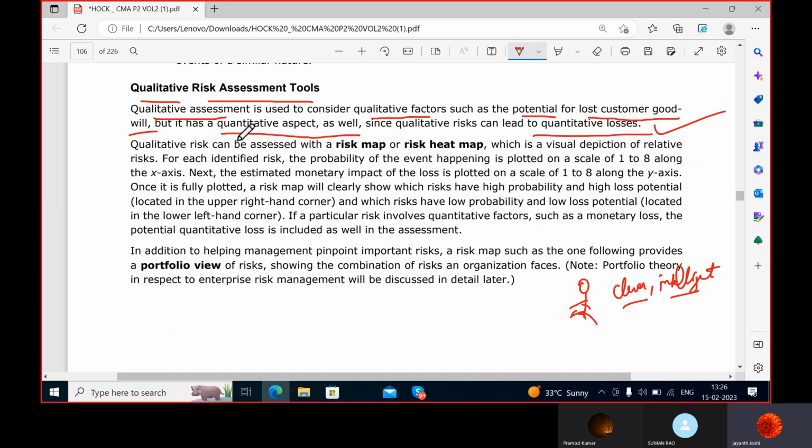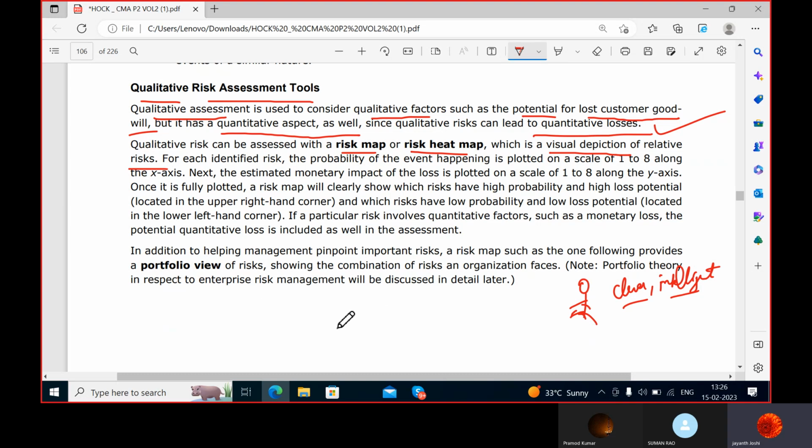Now, qualitative risk can be assessed with a risk map or risk heat map, which is a visual depiction of relative risks. Yesterday I discussed with you that some risks are related to each other. So we are trying to study those risks with the help of a risk map, and then we will study how each risk which is related to another can cause problems.